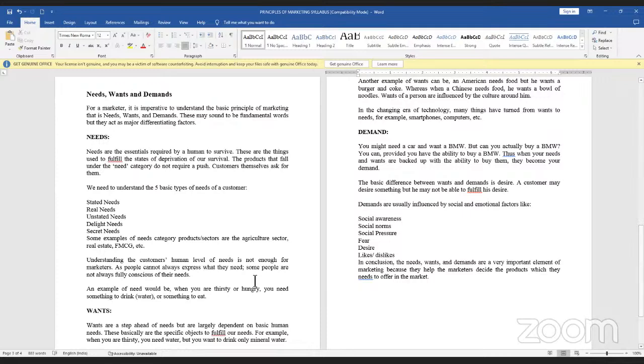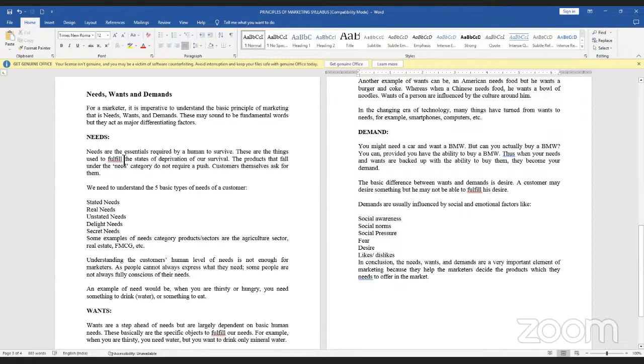So you want food to fill your hunger. These are required by everyone, irrespective of price.